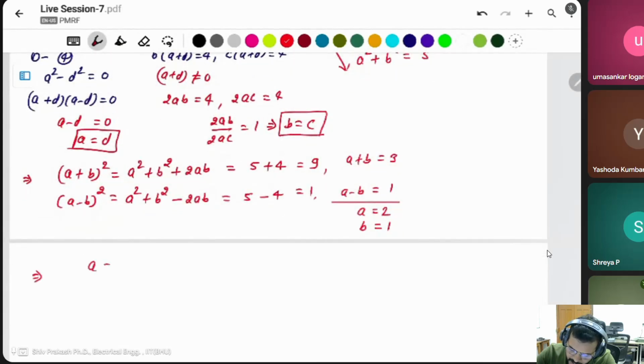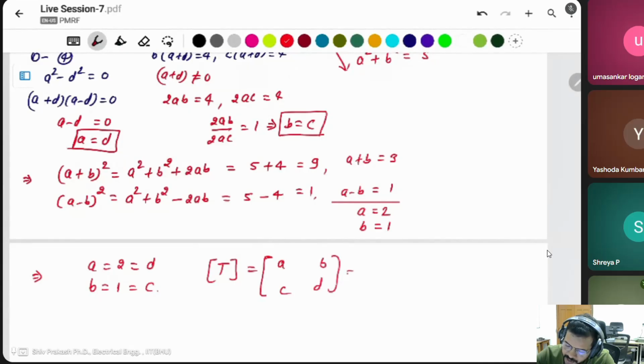It means a is equal to 2, b is equal to 1, same as d, same as c. Then you can say the transmission parameter ABCD is equal to 2, 1, 1, 2.